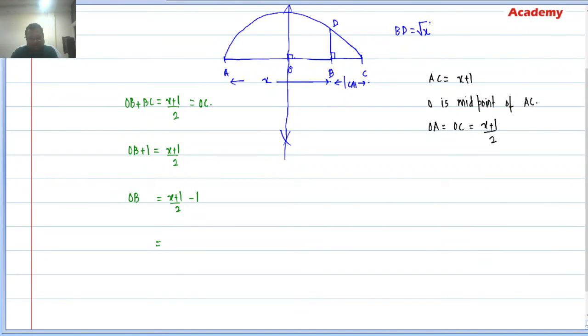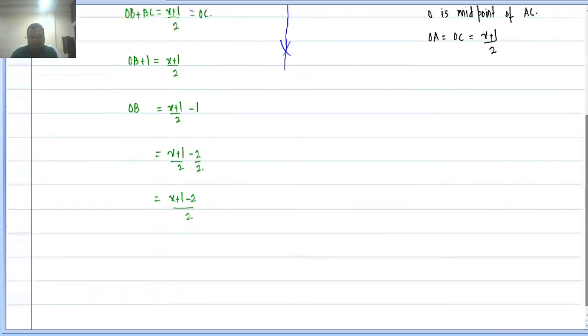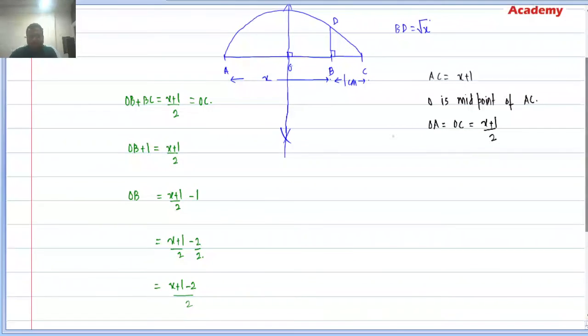Let's simplify this. We'll make the equivalent fraction out of 1 so that it and x plus 1 upon 2 are like fractions, so that we can subtract by taking LCM. So this is x minus 1 upon 2. My OB is x minus 1 upon 2. But what is OD?